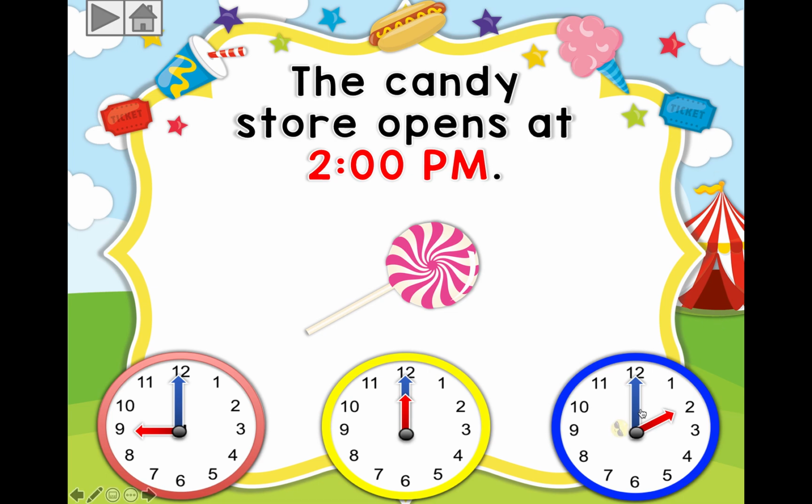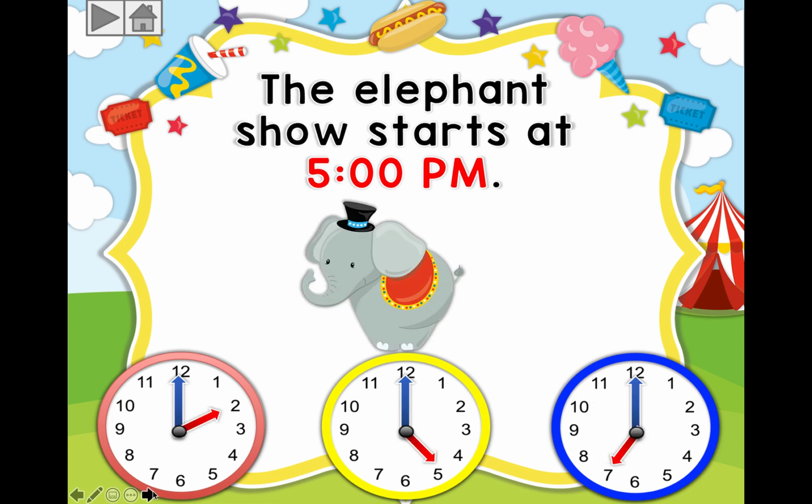If you've guessed this one, well done. Awesome job. The elephant show starts at 5 o'clock in the evening. Which clock here shows us 5 o'clock? If you've guessed this one, you are a star. Keep it going.